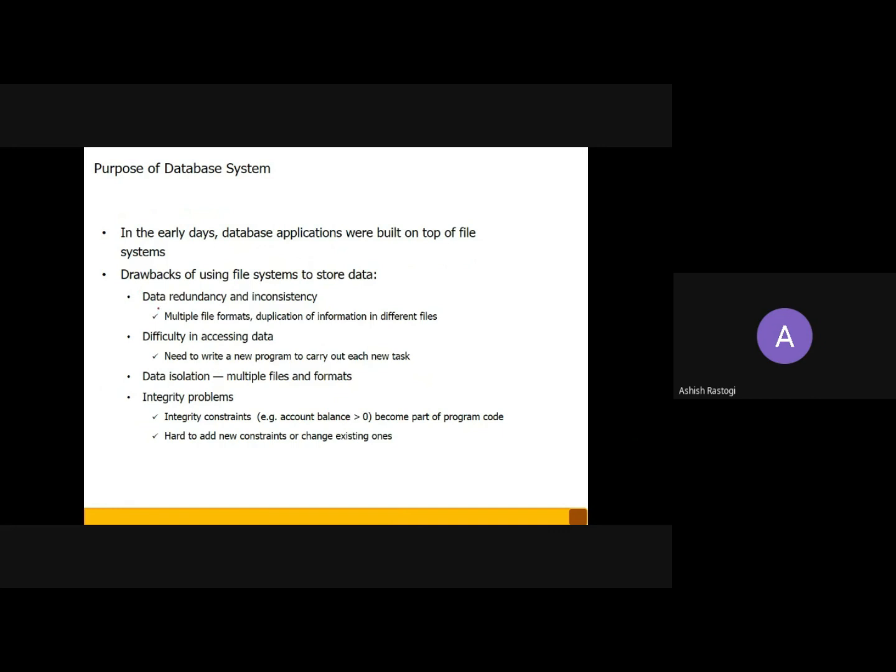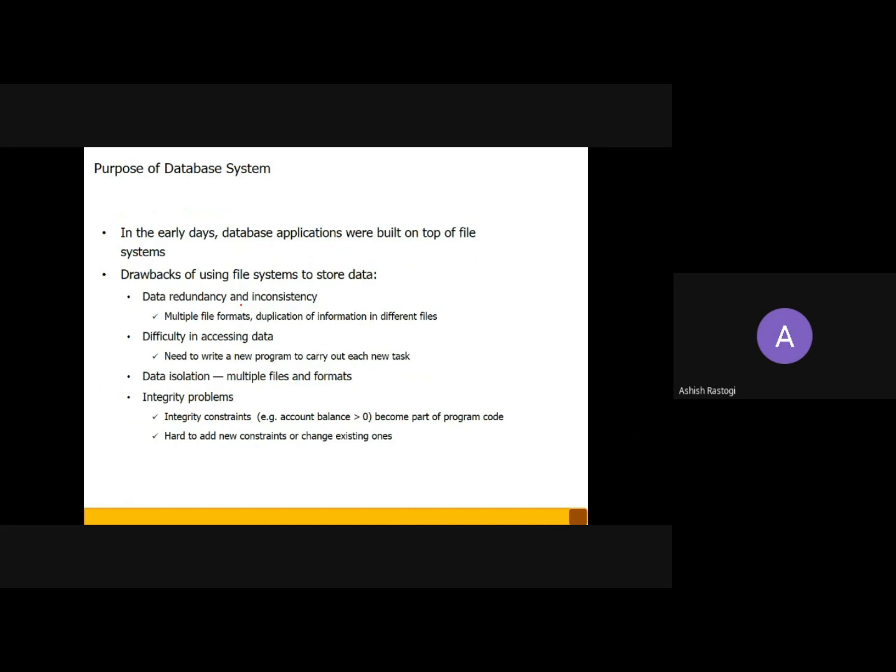So the first drawback is data redundancy and inconsistency, right? Data redundancy means repetition of data. In the file system, anyone can repeat the data.